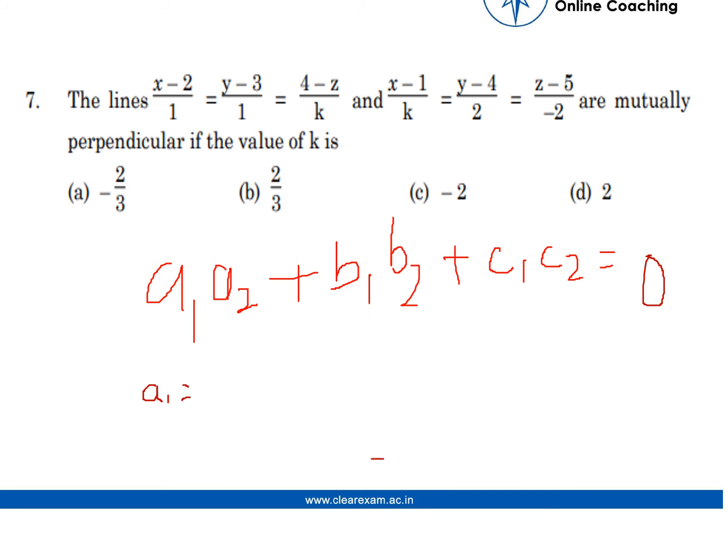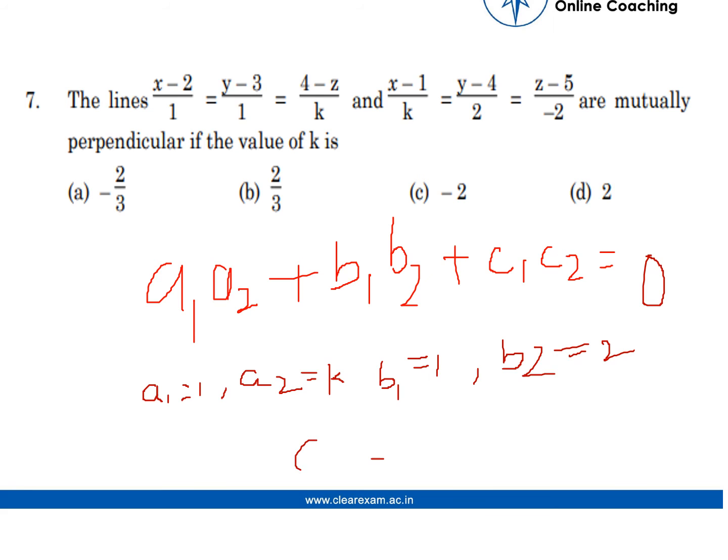So as we can see that a1 is equal to 1, a2 is equal to k, b1 is equal to 1, and b2 is equal to 2.